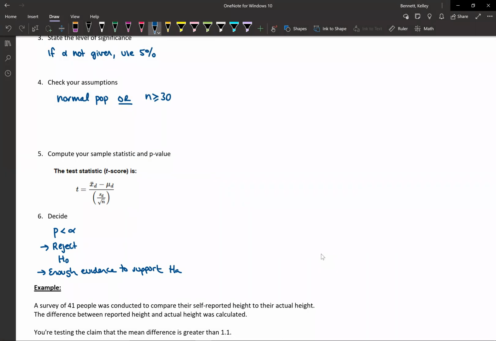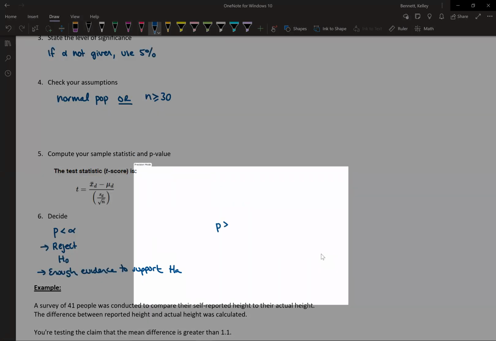Whereas if p is greater than alpha, then we fail to reject H naught, and then there is not enough evidence to support the alternative.